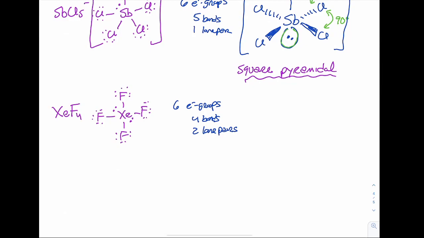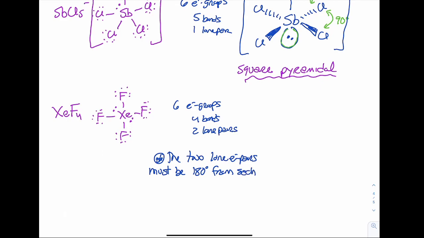But again, it doesn't matter. It only matters that they're 180 from each other. So the 2 lone pairs, it's not a bond angle, but that's the angle that the lone pairs must be from each other.